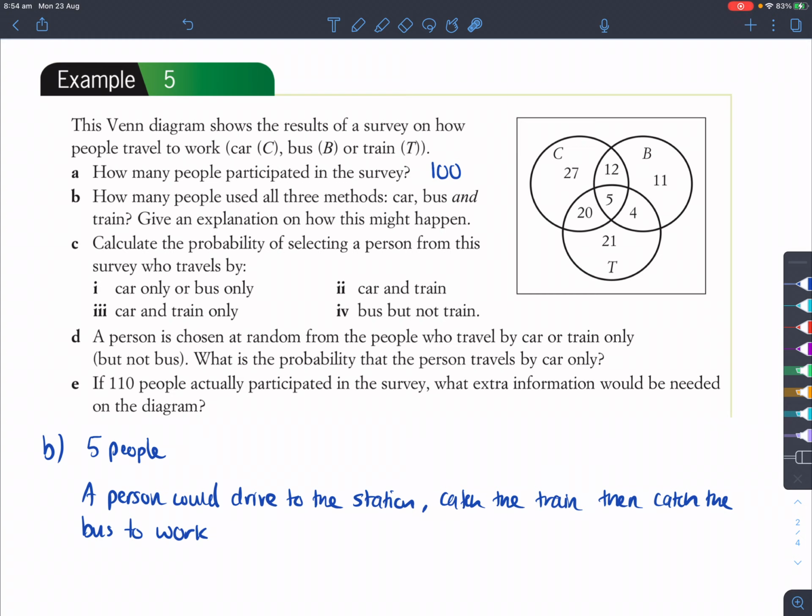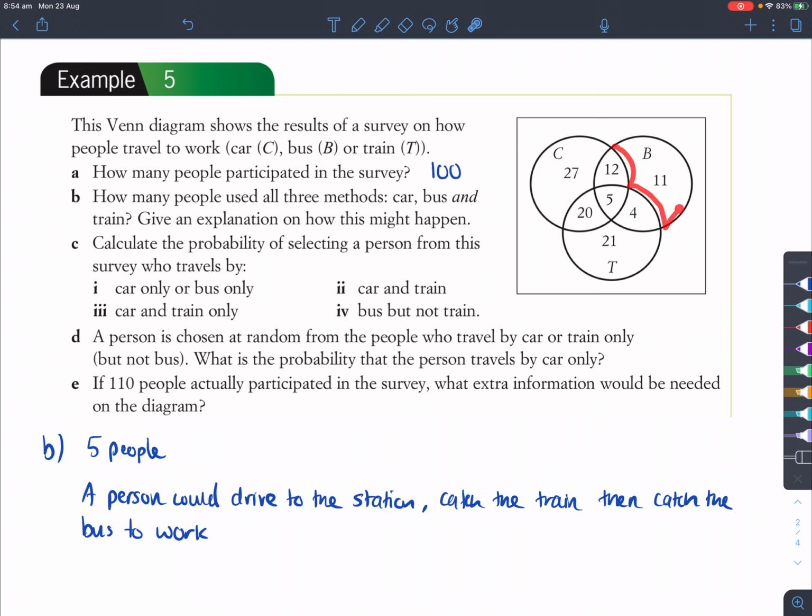Question C. Calculate the probability of selecting a person from this survey who travels by car only or bus only. Car only resembles the part of the circle here that doesn't overlap with the other two circles. So that's 27. Bus only, which is this part of the circle, involves a section of that circle which doesn't overlap with the other circles.